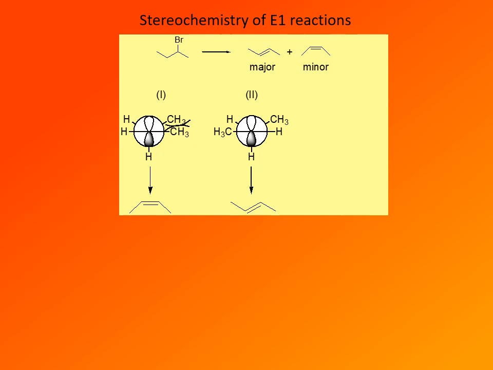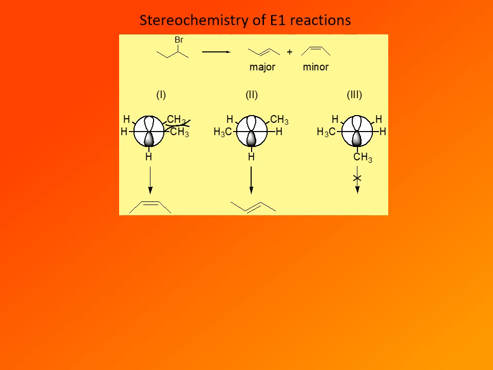And so upon formation of the molecular pi bond, the two methyl groups will end up on the opposite sides of the pi bond, giving the trans-alkene. This is a low energy carbocation, certainly much lower energy compared to the previous one, and that's going to be the favored one. So that's why formation of the trans double bond is favored over cis.